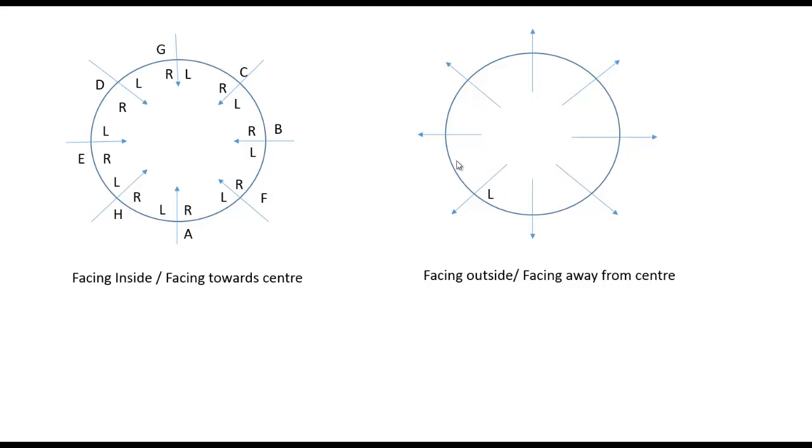So the right hand will be in the clockwise direction, and left hand side will be in the anti-clockwise direction. So if a person is sitting here, then in a clockwise direction this will be the right hand side, and in the anti-clockwise direction this will be the left hand side.